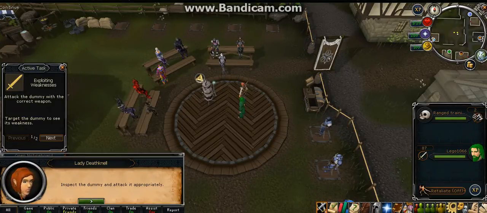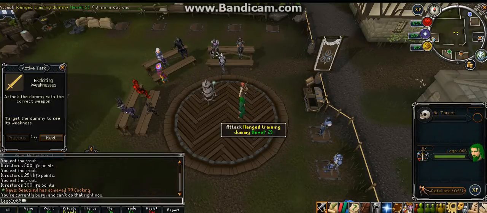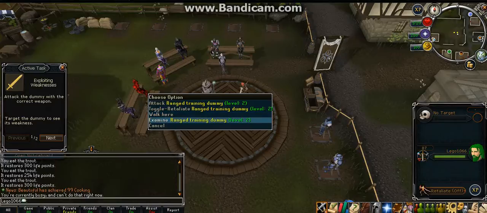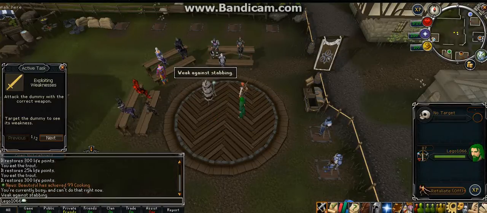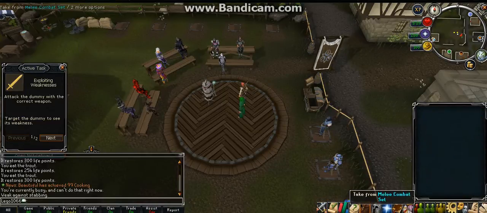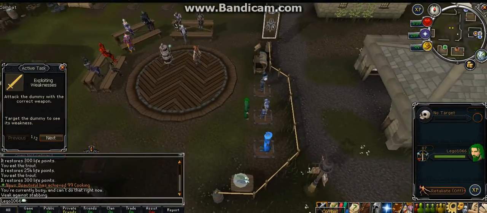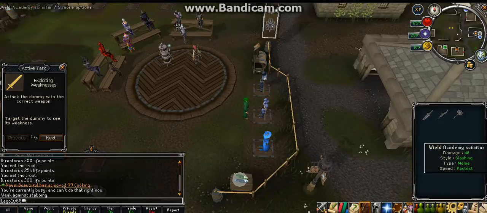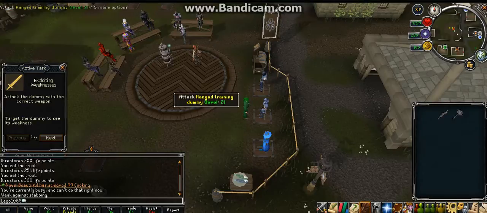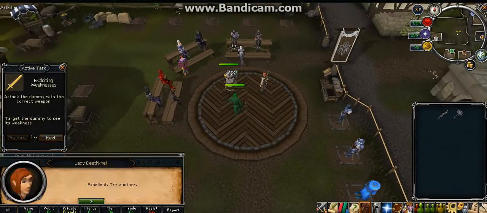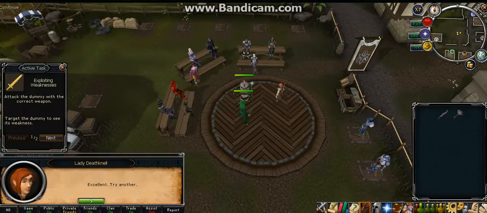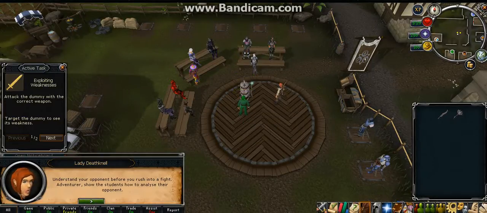Inspect the dummy and attack it appropriately. Excellent. Try another.